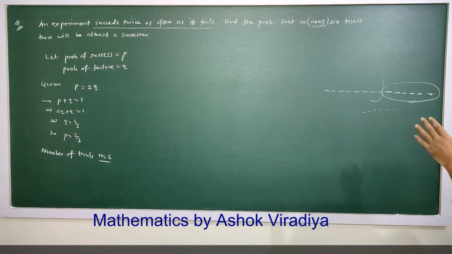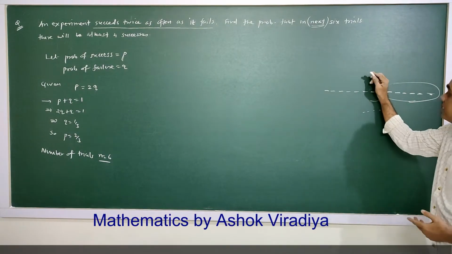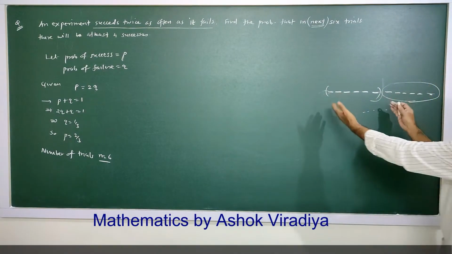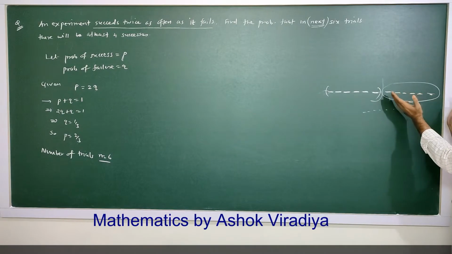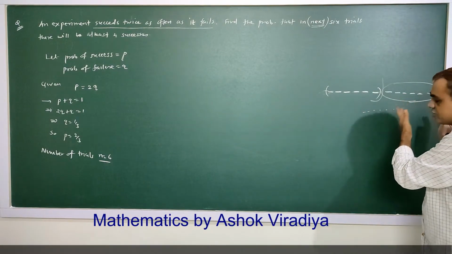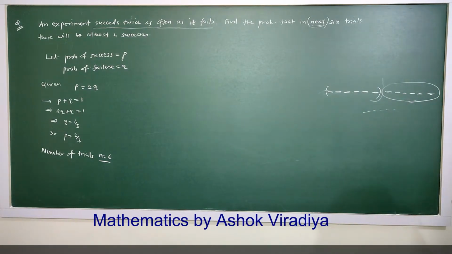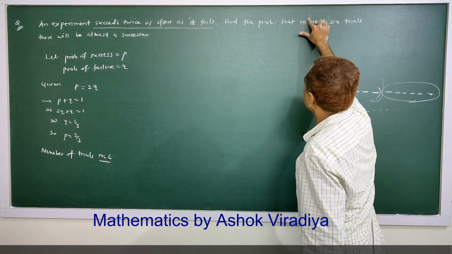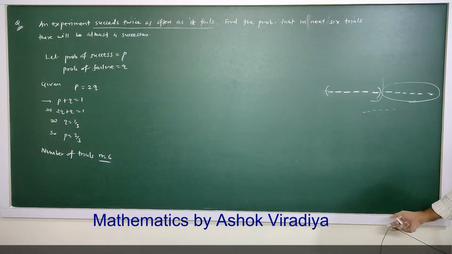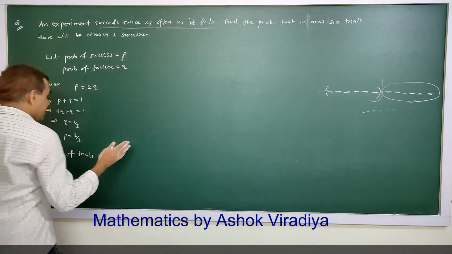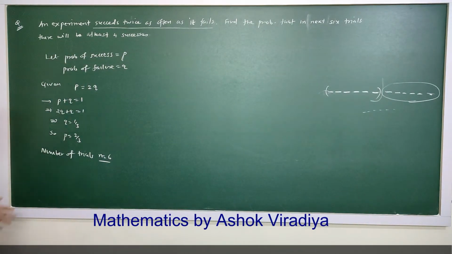The meaning is that in the next 6 trials, that means after the first 6 trials, 1, 2, 3, 4, 5, 6, these are the next 6 trials. So here there is no effect, because each action is independent. So in the calculation there is no effect of this word next. Whether next is given or not, we do it by the similar method.